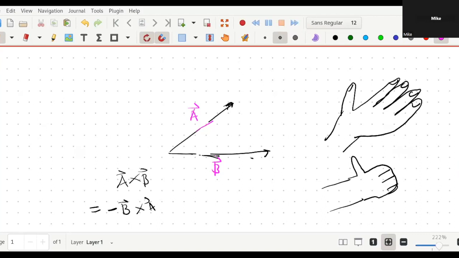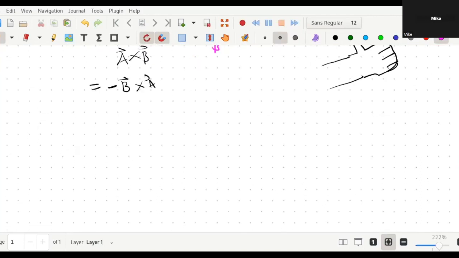Another way of visualizing the result of the cross product is this. You have your thumb, your pointing finger, and your middle finger. From the top view, your pointing finger is A, your middle finger is B, and your thumb points up.